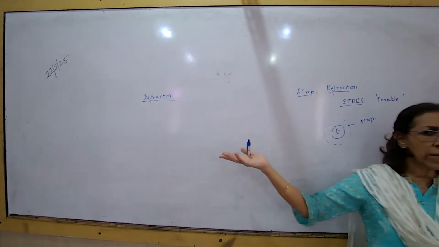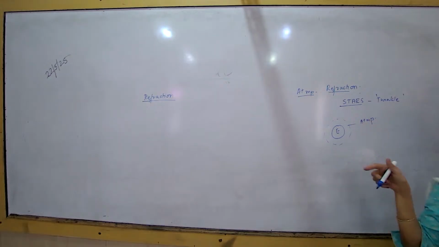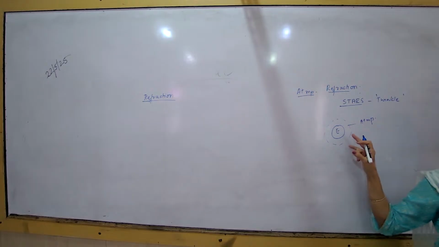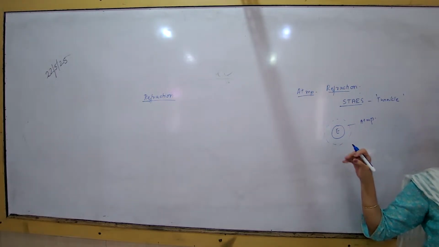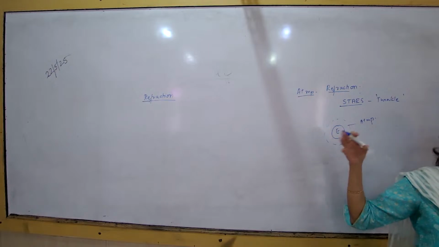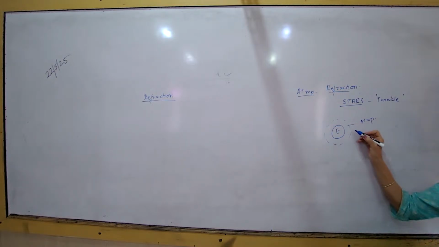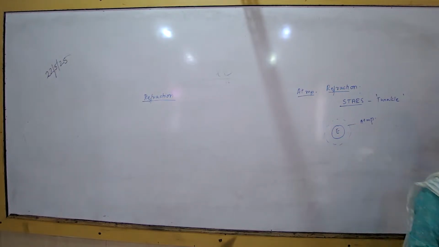When we talk about an atmosphere, it is nothing but a blanket of various gases. It's only next to the Earth that you have this atmosphere. What is it made of? Various gases.